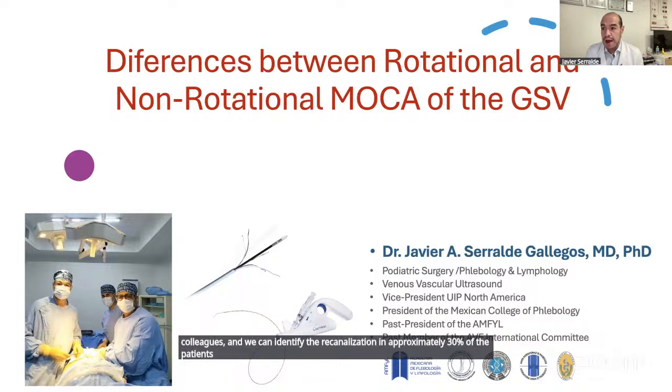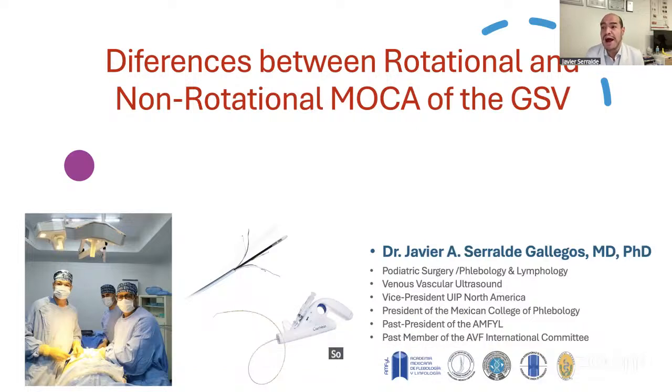So on the other hand, we decided to use another kind of device. For example, we use the non-rotational catheter, and with this technique, we can appreciate the difference because after 4 years, we can identify the occlusion rate in approximately 90% of the patients.